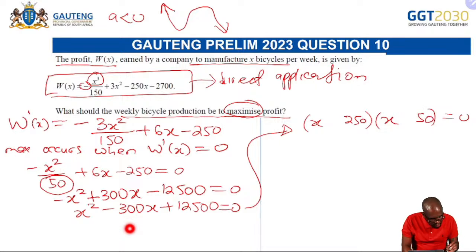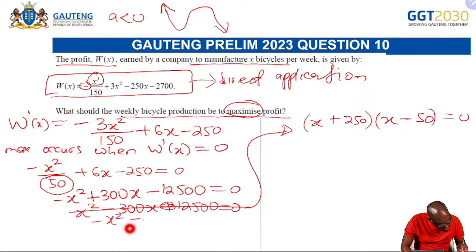And obviously, the bigger one should be positive, and then the smaller one is negative. Let me just confirm that. Let's see, negative. Oh, I made a mistake here. If I divide by negative, it should be negative x squared.